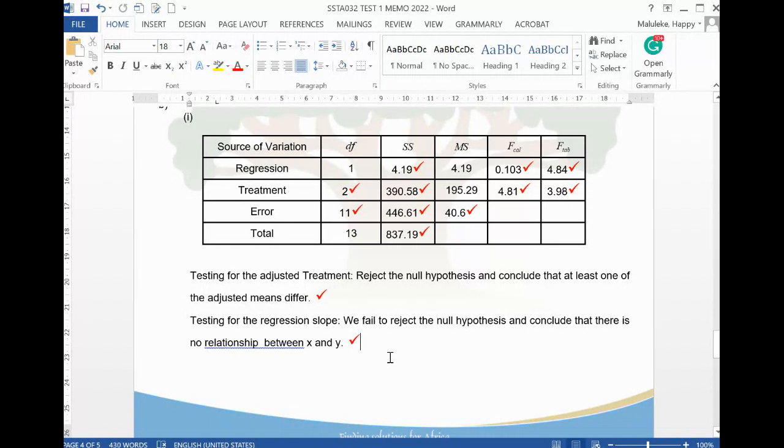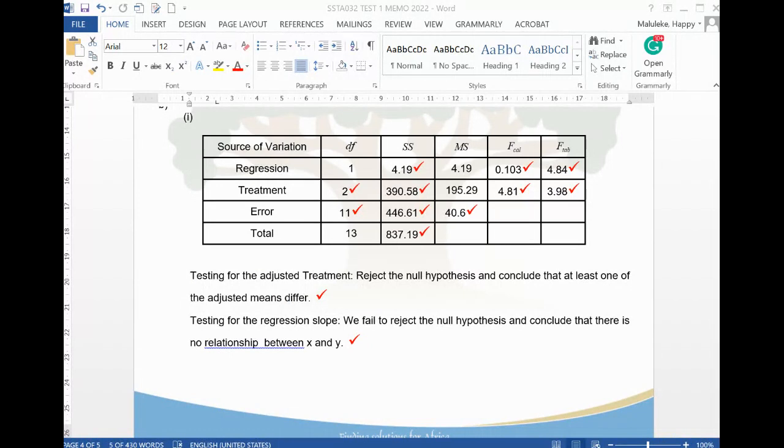So to make life easy for you, you see what I did here, testing for the adjusted treatments, and you write what is the decision and what is the conclusion. Testing for the regression slope, and then you indicate your decision and your conclusion, and you are done. As long as I've indicated what I'm testing for, it's fine. Testing for the adjusted means, it's clear what I'm testing here. Testing for the regression slope, it's clear what I'm testing there, and then you conclude.